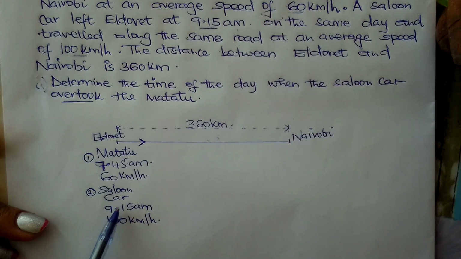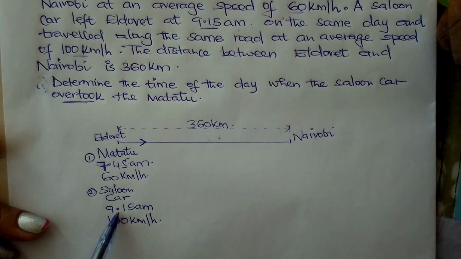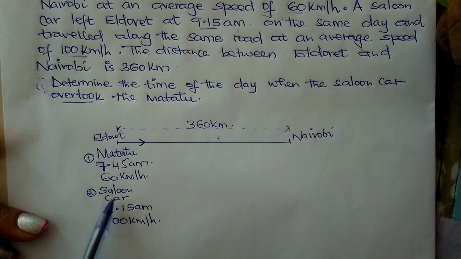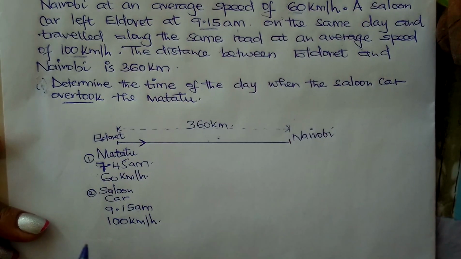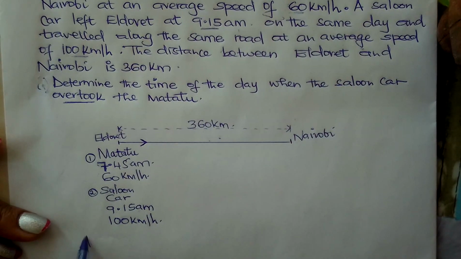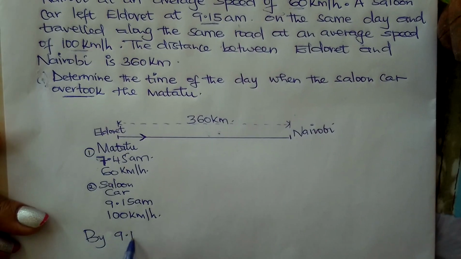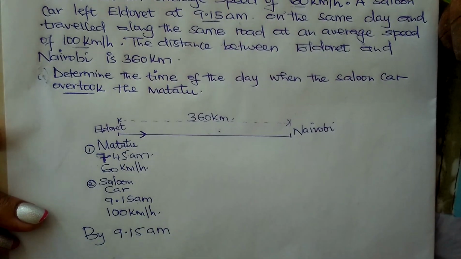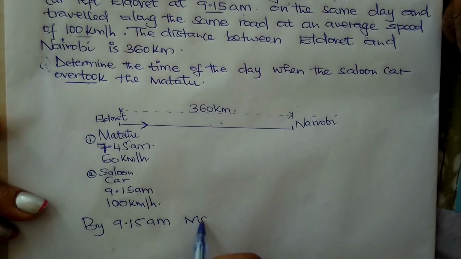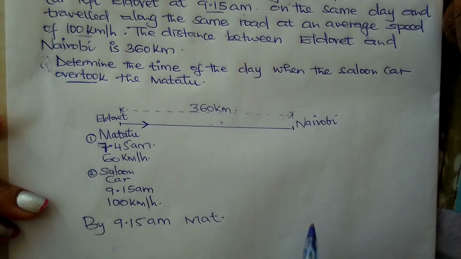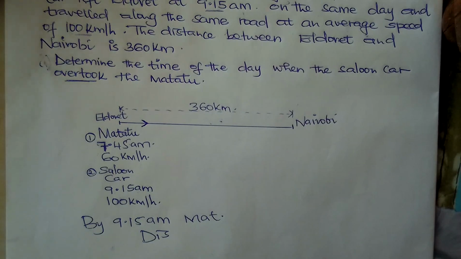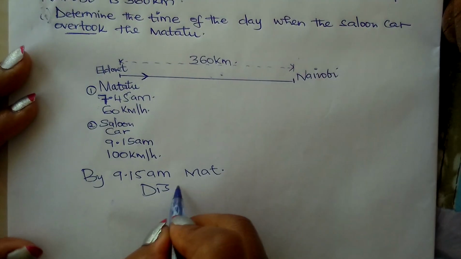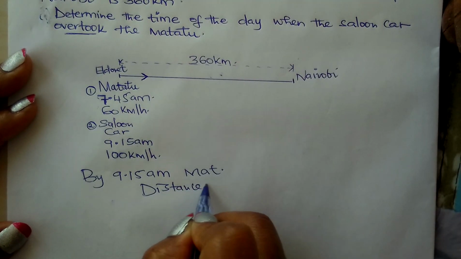So you first ask yourself, by 9:15 a.m., when the saloon car will be leaving Eldoret, the matatu will have covered what distance?